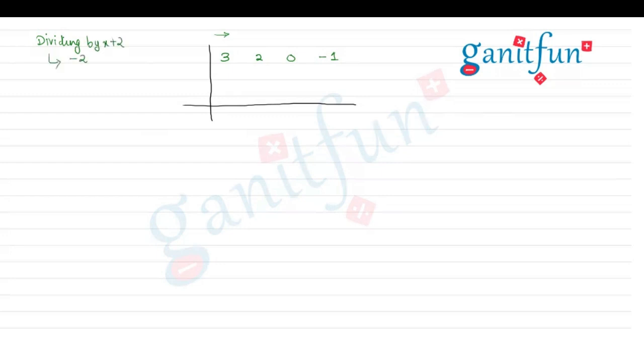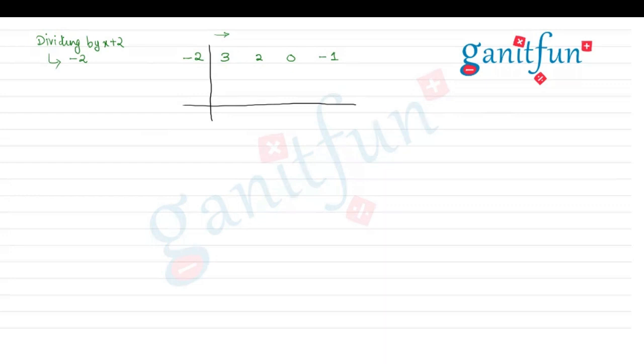This minus 2 we have to write on the left hand side of the vertical line, just where we have written the coefficients. Had it been x minus 2, then we would have used plus 2 as the number which we are putting here. So here we have put minus 2.